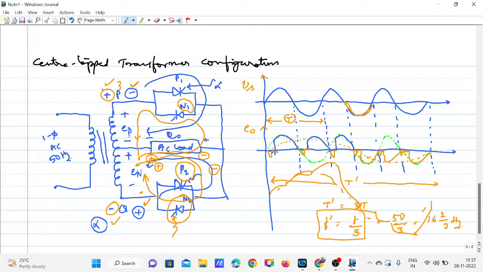So in the bridge configuration also, just like rectifiers, in the similar manner we need to go ahead with the bridge configuration also. So let me move forward to the bridge configuration. We will see how it will be.